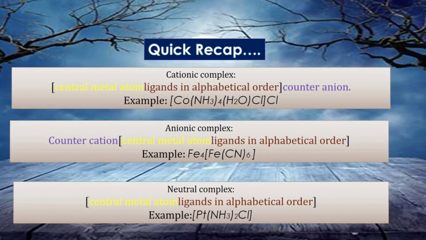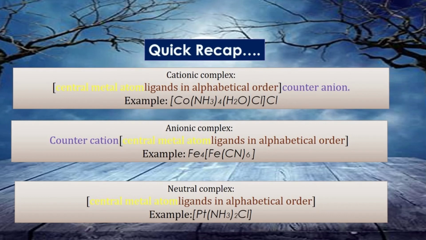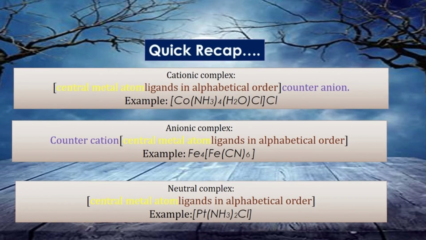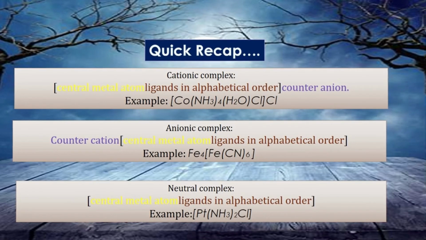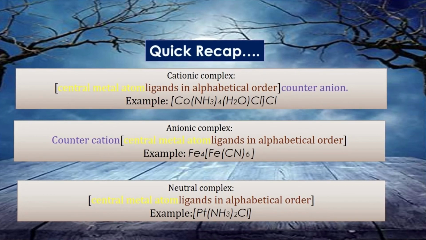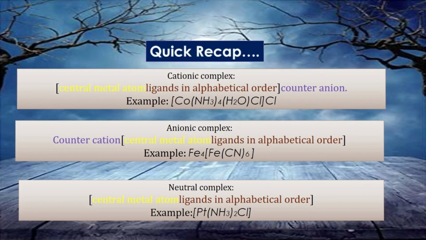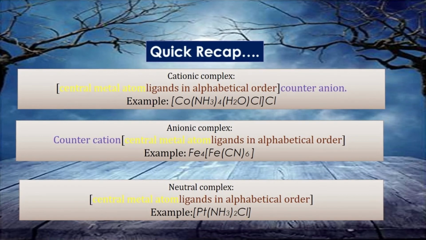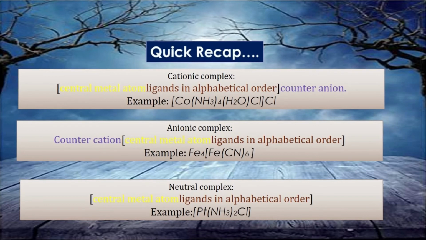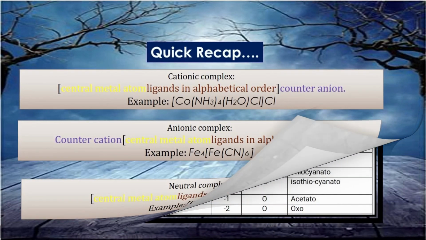So first we have to write the formula of the cation, then we will write the formula of the coordination sphere. Then for the neutral complex, you don't have counter ions. So we will start with the formula of the central metal atom. Then we will write the ligands in alphabetical order.